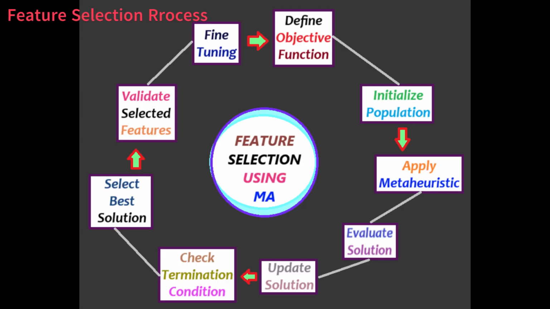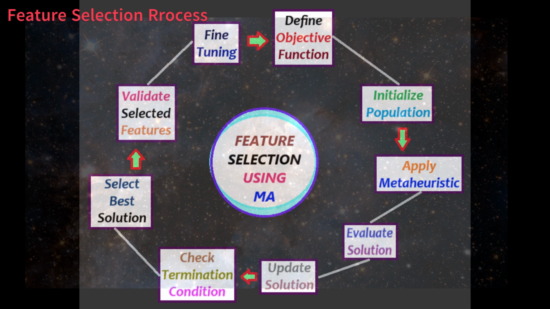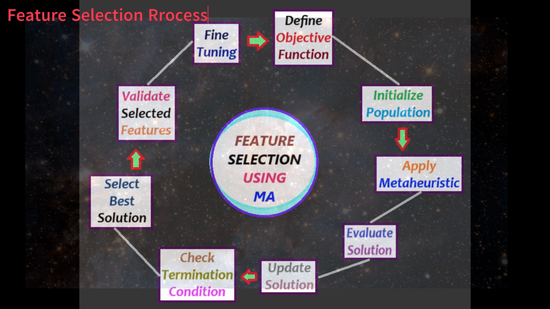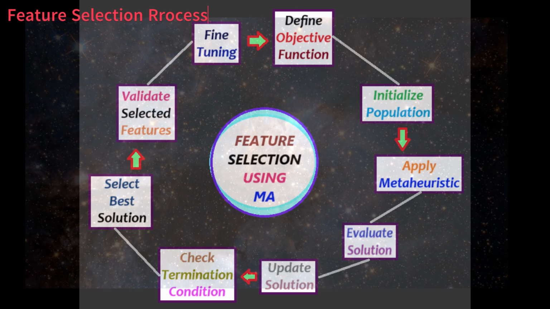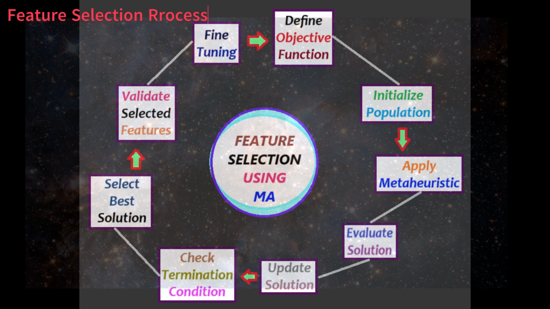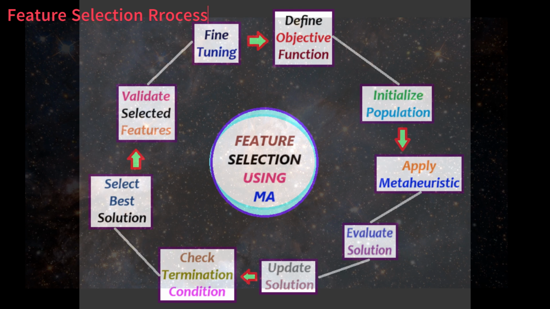When you are using a meta-heuristic algorithm for feature selection, first we need an objective function that evaluates the quality of a subset of features. First, define your objective function. We use that function to evaluate the quality of each subset of features.